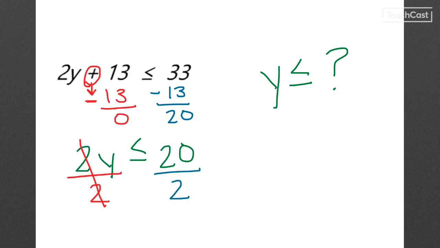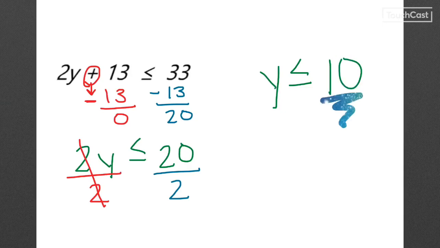So if I write 2y over 2, the 2's cancel out, and now I'm left with just y, and that's going to be less than or equal to 20 over 2. So what is 20 over 2 equal to? Hopefully you said that y is less than or equal to 10.